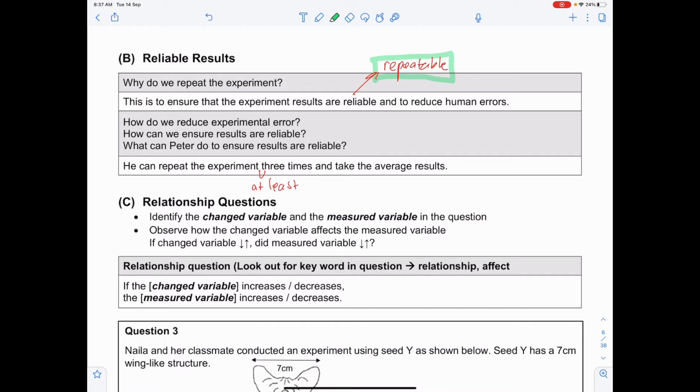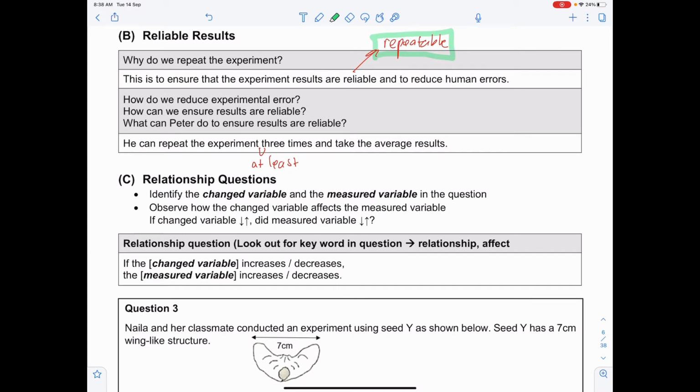If you find something out, you want to make sure that the rest of the world is able to repeat your experiment and get similar results. So imagine you are a scientist that invented a cure for COVID through experimental techniques. You want to make sure that this piece of information, or your results, can be replicated throughout the world.